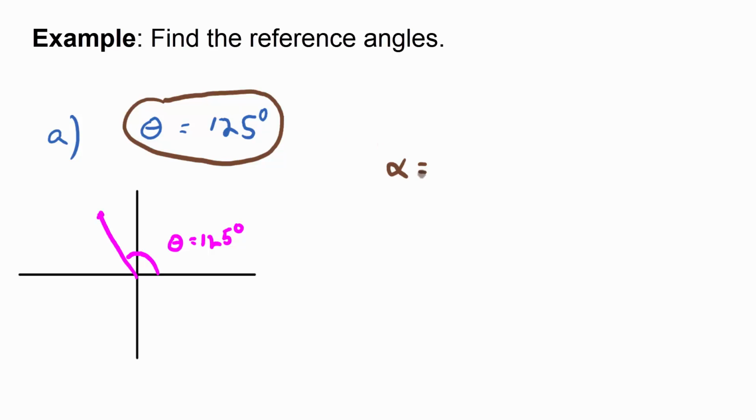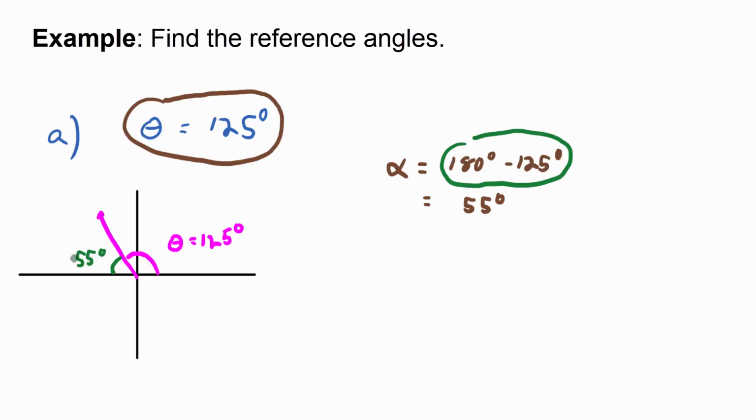Okay, so what's alpha going to equal? 180 minus 125, and what's that? 55. Okay, good. Okay, so you don't have to draw this part of it, but in pictures, this part then is 55. But this is what you do if it's in the second quadrant.